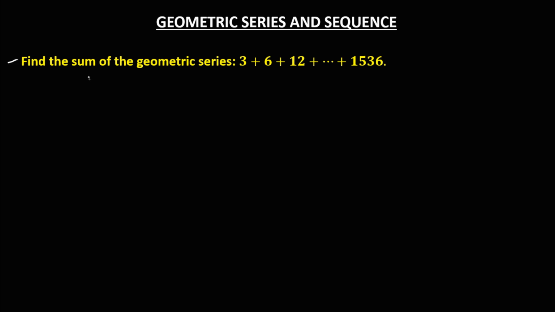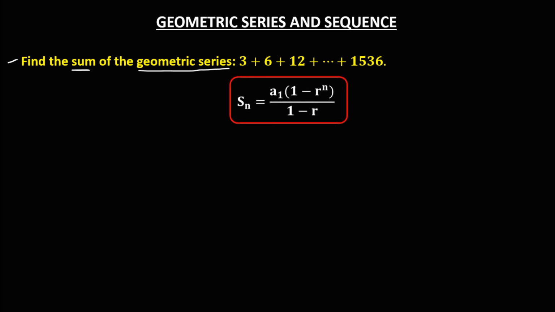Then for this problem, to find the sum of the geometric series, using this formula, first we need to write all the givens. We have a sub 1, the first term, positive 3.